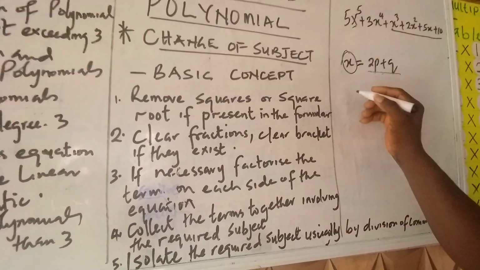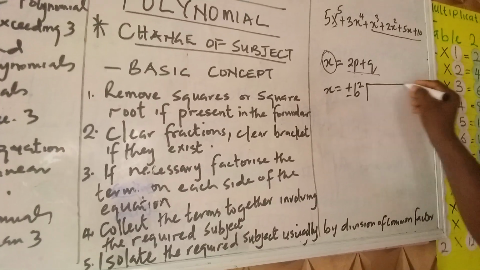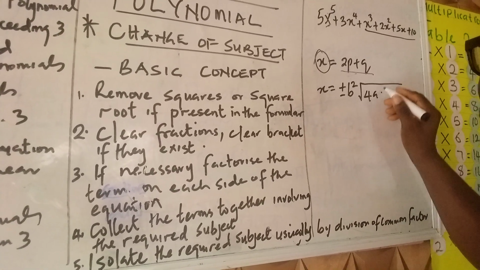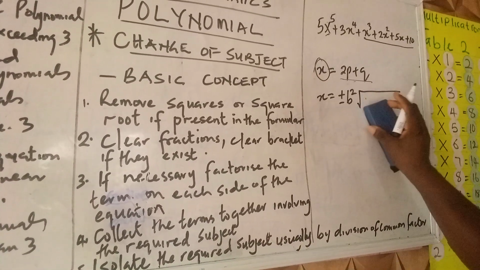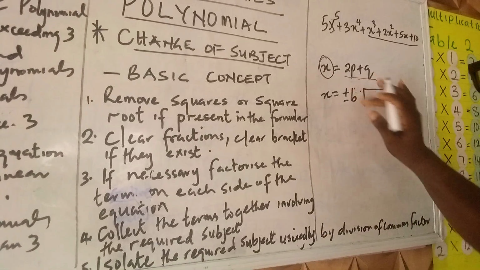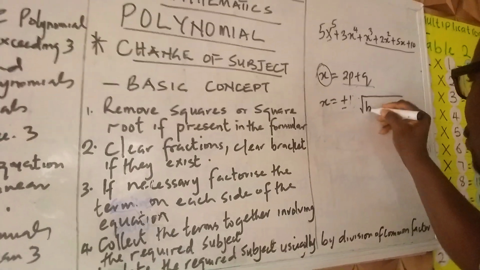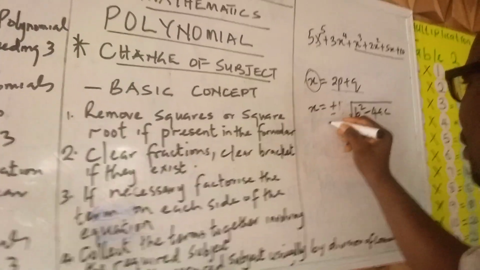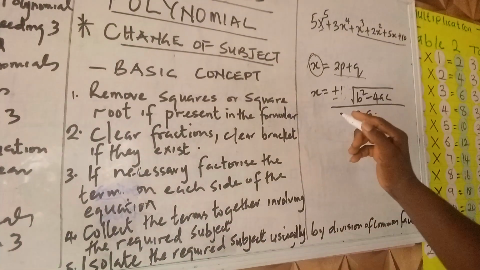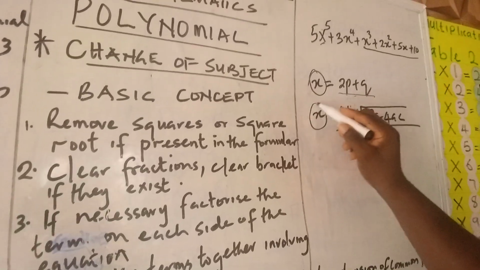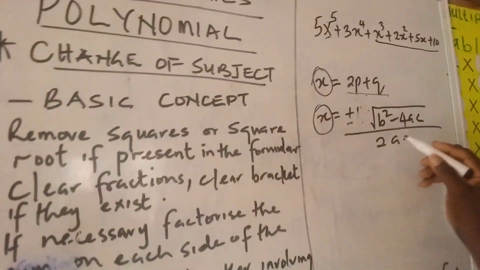Also, like the general formula for a quadratic equation, x is equal to minus b plus or minus the square root of b squared minus 4ac, all over 2a.